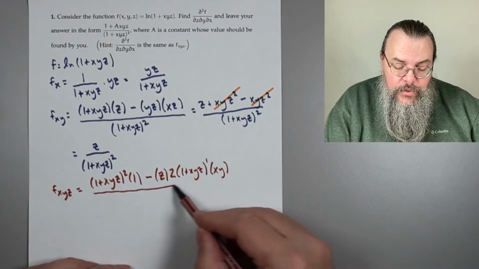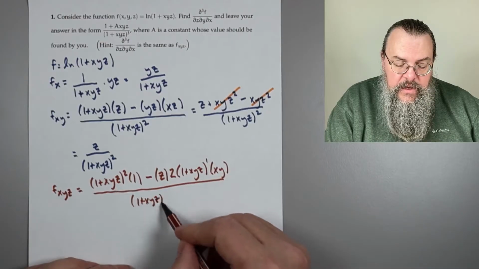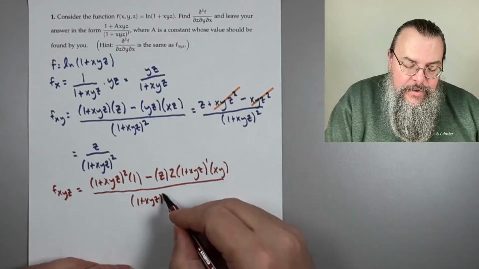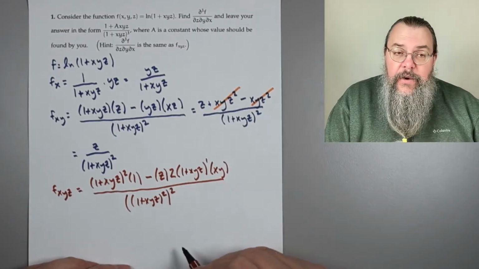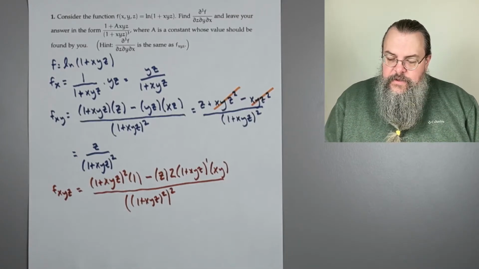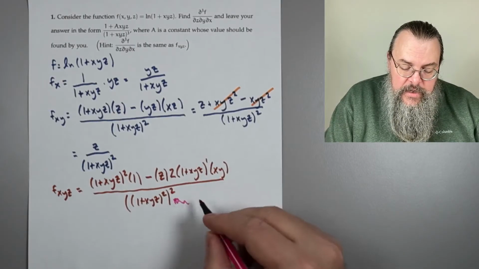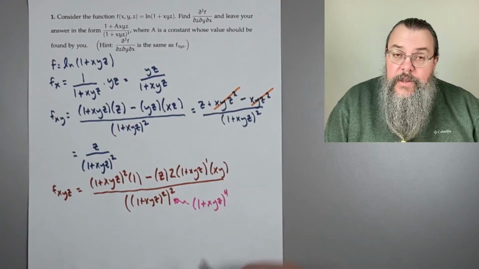All of that over 1 plus xyz squared squared. Well, squared squared is another way of saying what? That means to the fourth power. All right, cool. So let's do a little bit of simplifying here. This part is 1 plus xyz to the fourth.